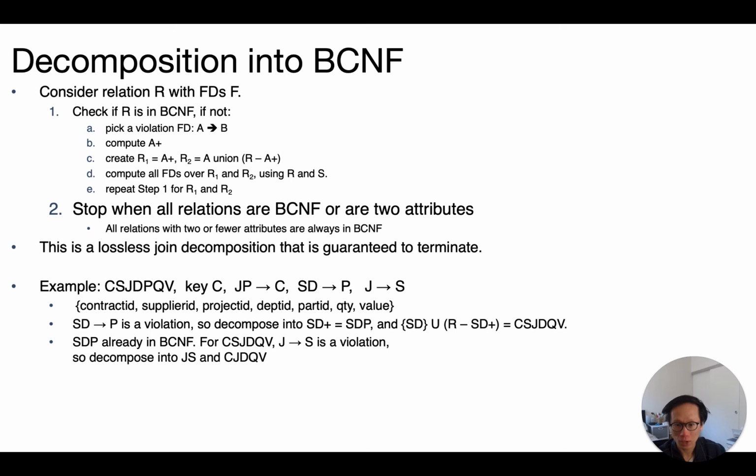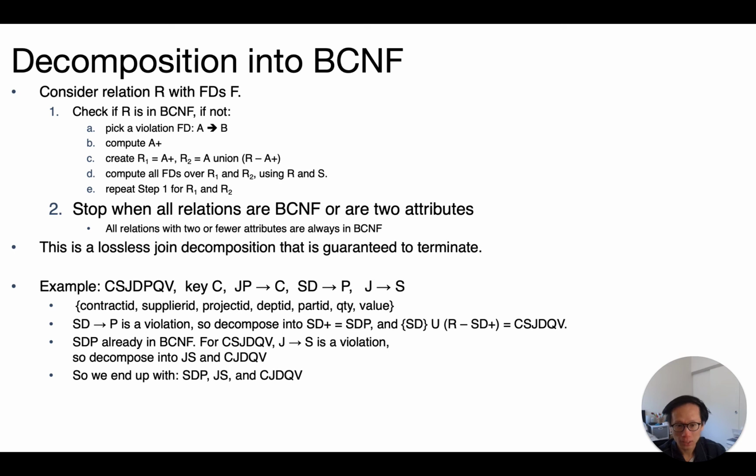So we now have three relations. We have SDP, where SD is a key. We have JS, where J is a key. And we finally have CJDQV, where C is a key. At this point, we terminate because our FDs are all satisfying BCNF.